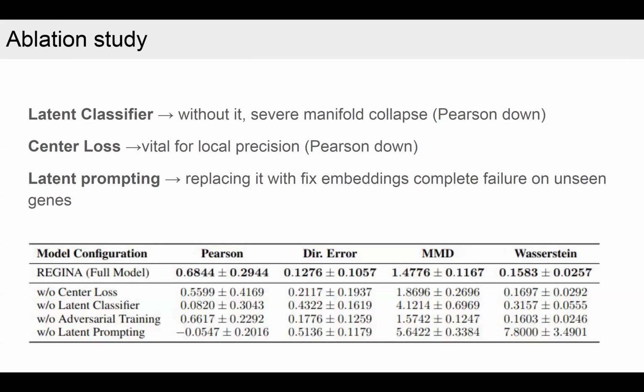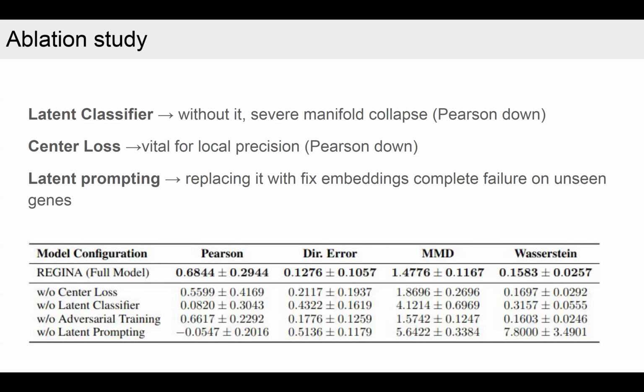And we also did an ablation study, meaning that we skipped certain parts of the model to see their effects. The most important part is the latent classifier. Without it, there was a severe manifold collapse.